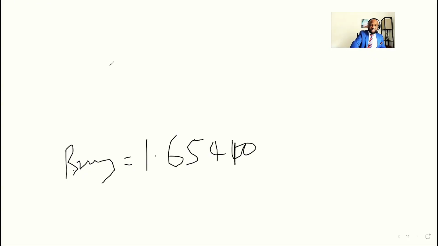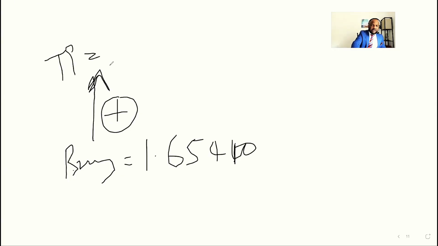So a long position is that you buy now. They give you the entry price already, and that is 1.65410. You are anticipating price will go up, and I gave you a diagram: you have to add to get the take profit, and you have to subtract to get the stop loss.